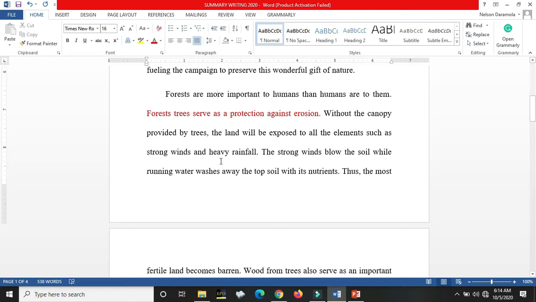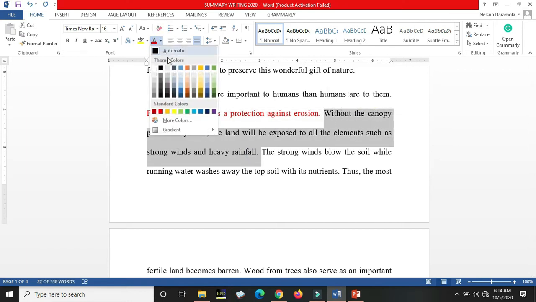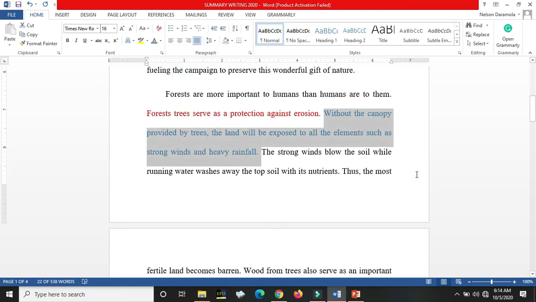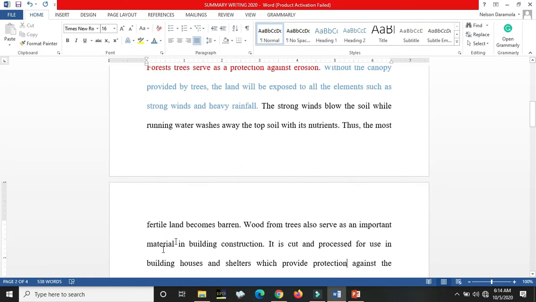So without the canopy provided by trees, as a covering, the land will be exposed, and all the elements such as strong winds and heavy rainfall. Now the writer is only developing this. I'll use the blue for the development, the red for the point. So we're using blue for this. Okay, it's only developing the points here. The strong wind blow, narration, you don't need all this. Thus the most fertile land.